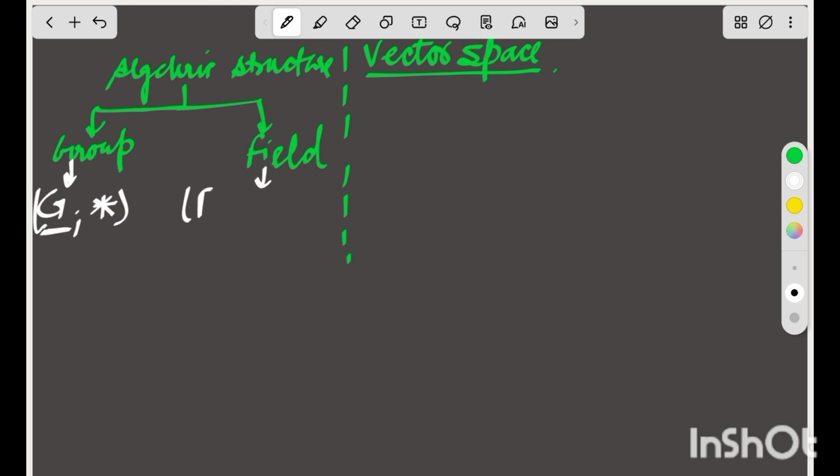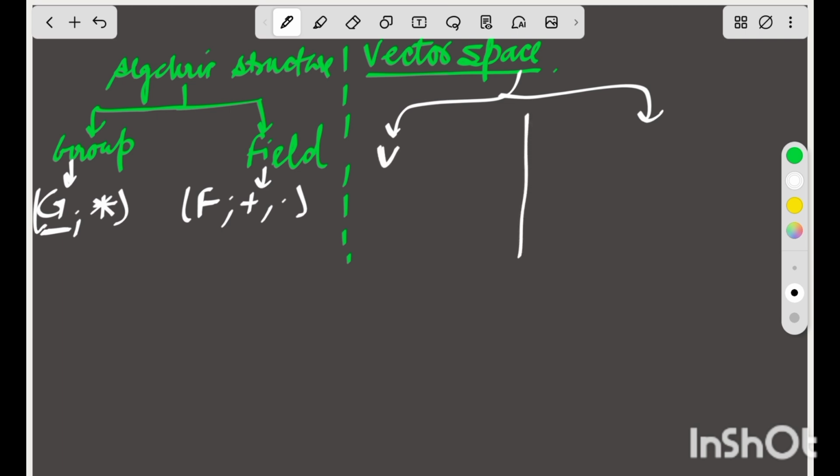In case of the field we deal with one set and two binary operations which are called addition and multiplication. In case of the vector space, here we deal with two sets.